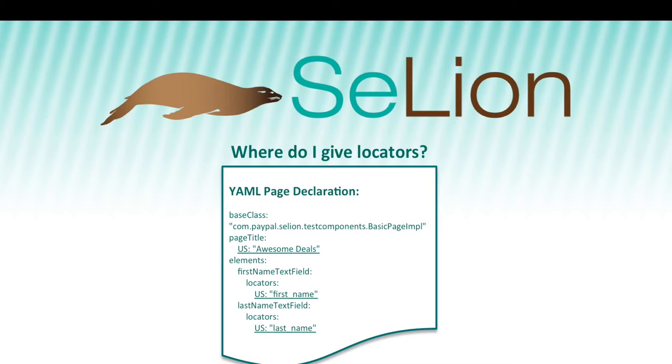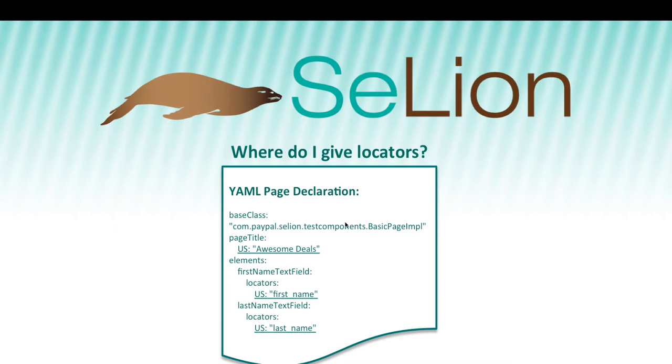So this is how my YAML file looks like. It contains the key called base class, which specifies a class name called BasicPageImpl, and it is used by SeLion for internal needs, followed by the page title, followed by the list of elements.